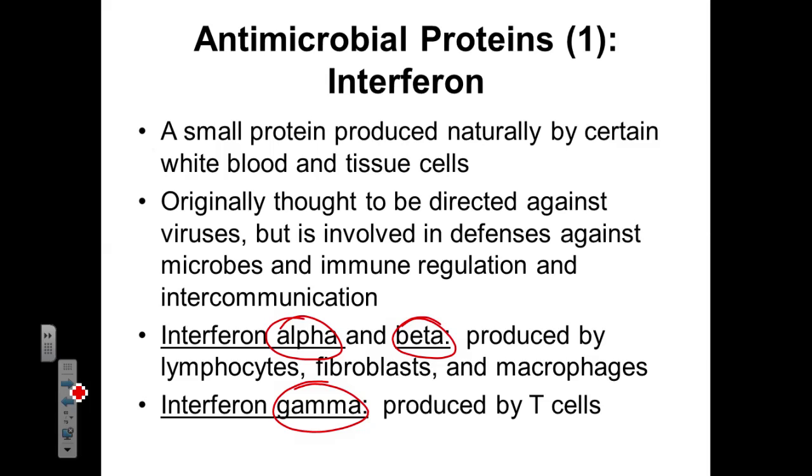These macrophages are part of our secondary line of defense, and the T cells are part of our tertiary or third line of defense. So by having these interferons, we can communicate between our second and third lines of defense and link them together.